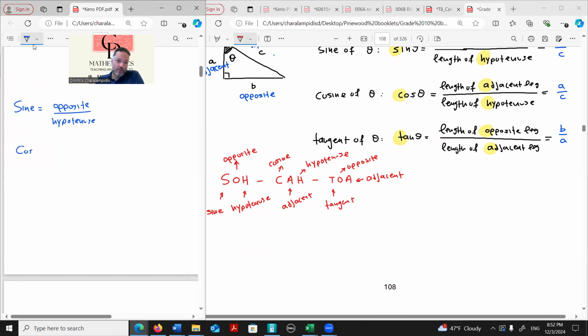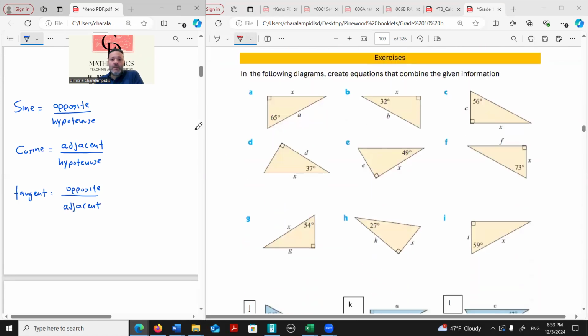Cosine is adjacent over hypotenuse, and tangent is opposite over adjacent. Let's see the examples.